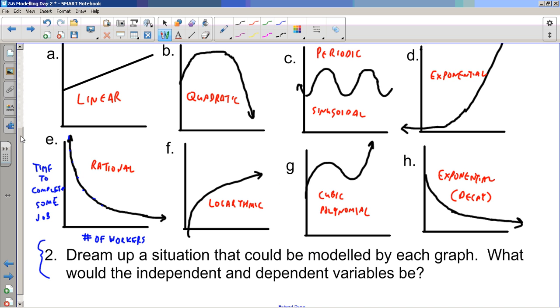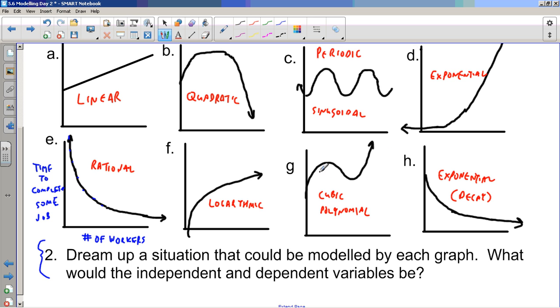Other typical ones would be a ball being fired off of a cliff or something like that, where this is time and this is height, or this is horizontal distance and this is height. Lots of different situations. We actually did a whole assignment on sine and cosine functions.